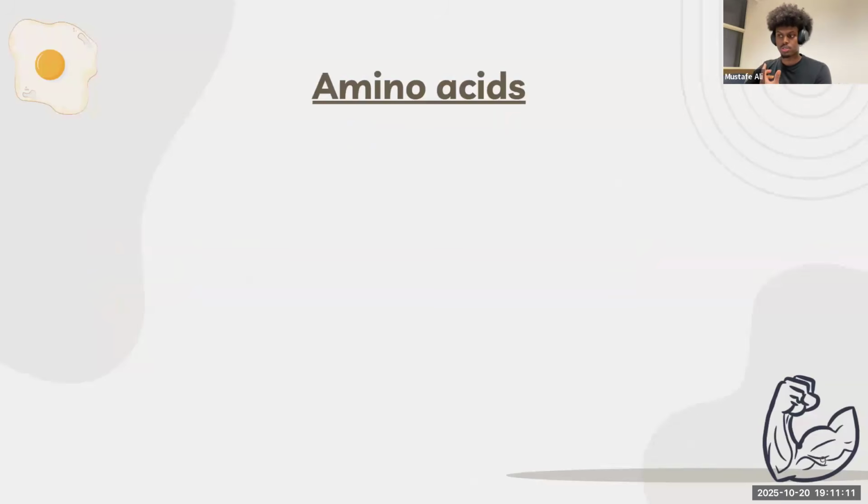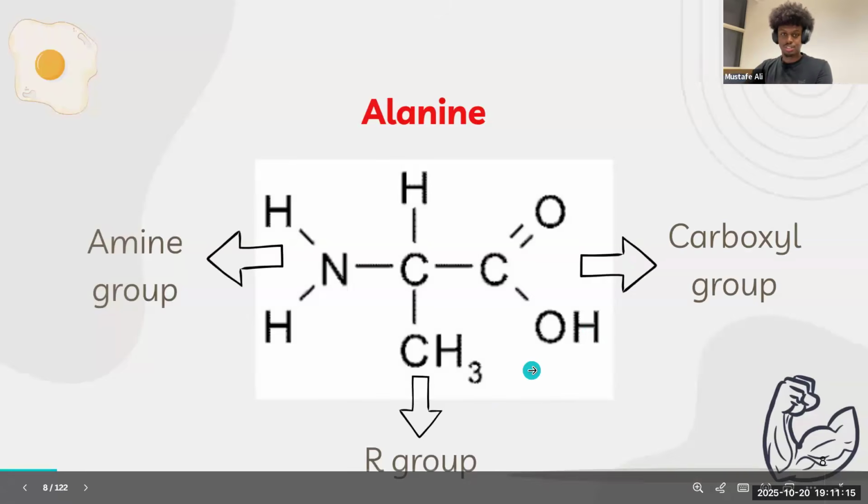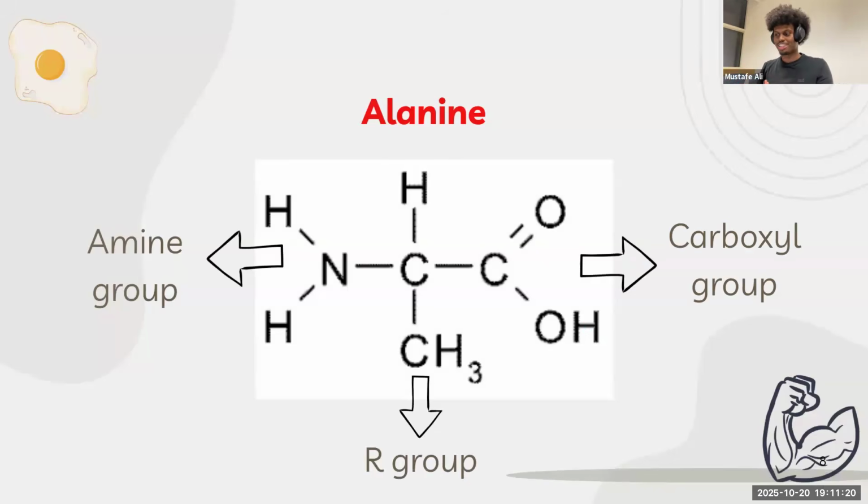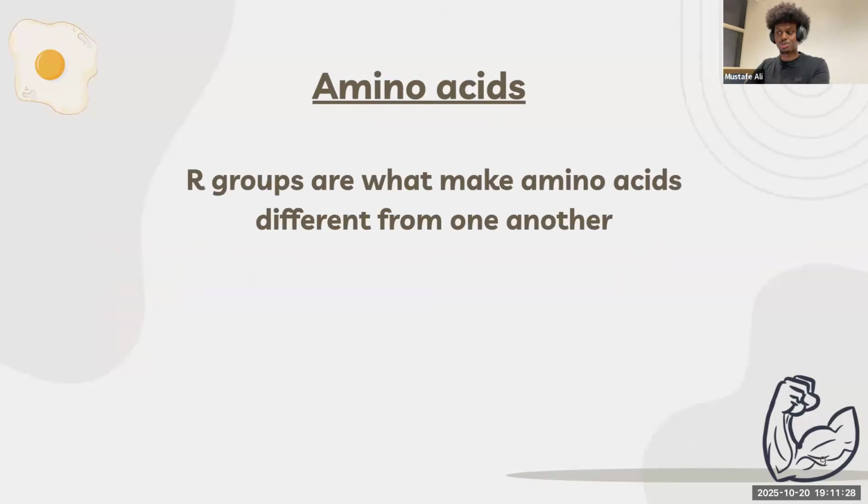Now, every single protein has this structure. And the R group of each of the amino acids are different, okay? R groups are literally what make amino acids special in a way, because each amino acid has a different R group. Now again, R groups are what make amino acids different from one another.